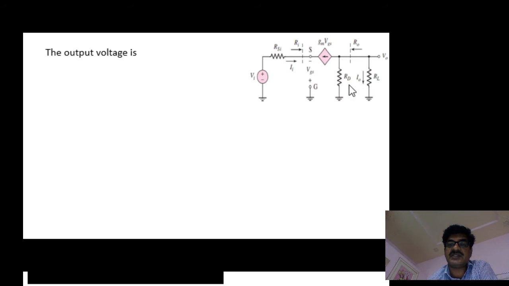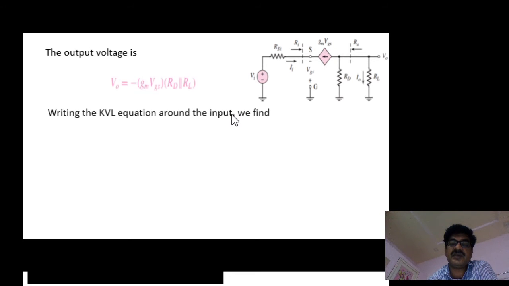The current is gm VGS. Therefore V0 equals minus gm VGS into RD parallel RL. But the VGS is derived from the input.